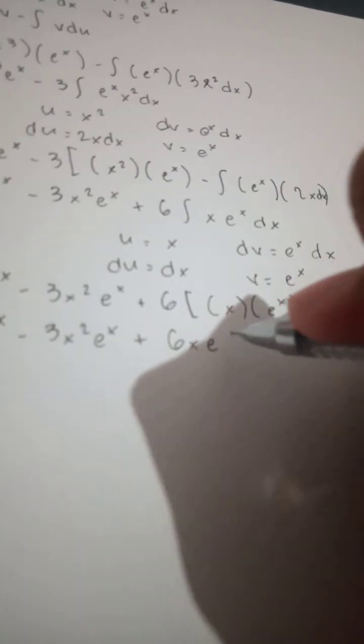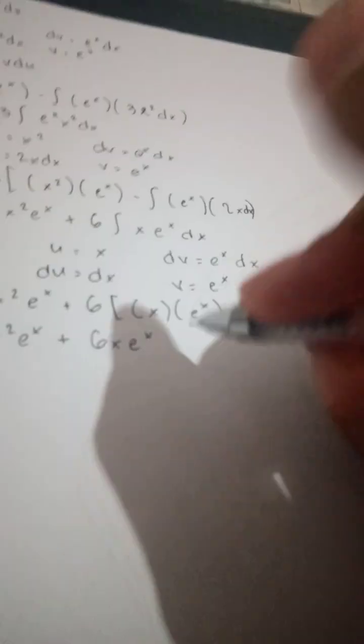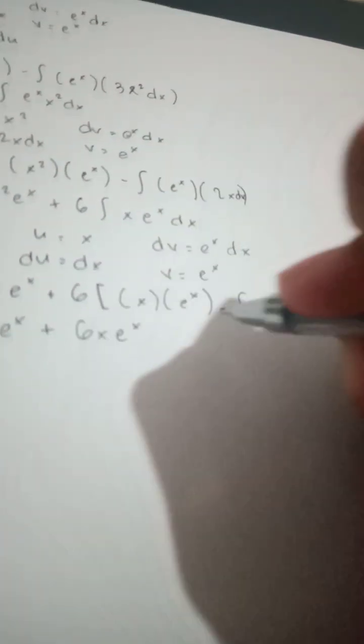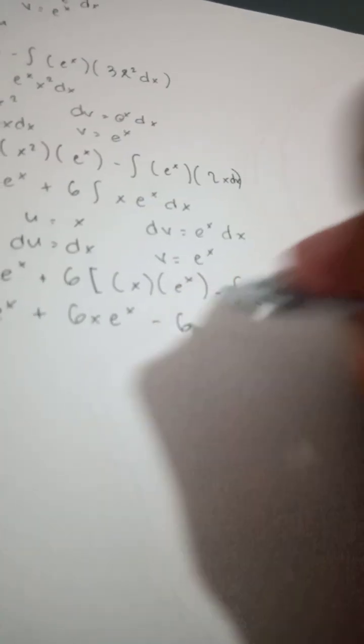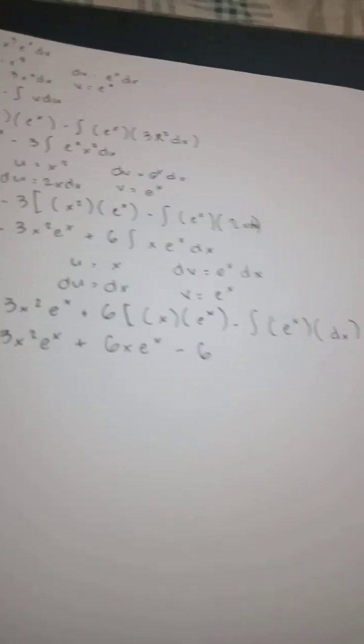Now multiply them. And then positive times negative is negative, so negative 6.